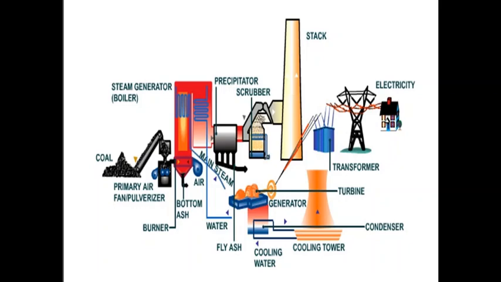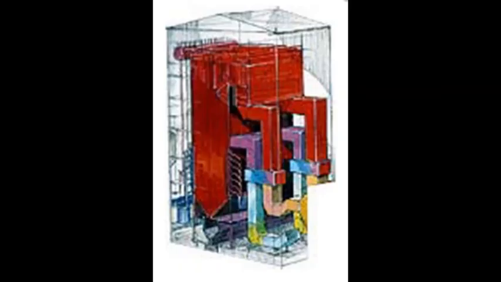So far we have discussed the fuel and flue gas, and now we are going to discuss combustion, how it takes place, and what components are involved in the combustion process. As we know, when we try to burn any fuel, it is a kind of oxidation reaction and we need oxygen.